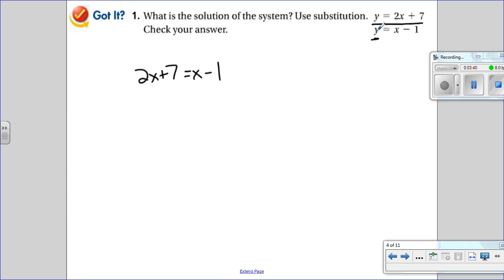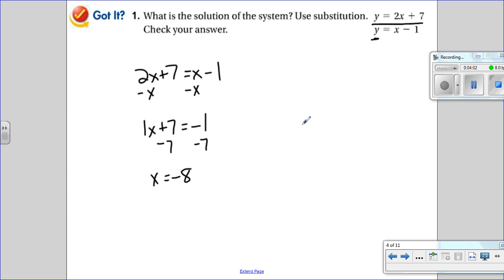Solve for x, so I'm going to subtract an x. That leaves me with 1x over here plus 7 equals negative 1. Subtract 7. I get x equals negative 8.